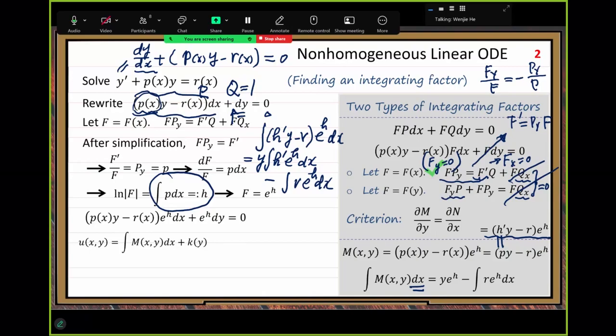But the first term, we can find its expression. Let me just work on this part. H prime, can you combine h prime with dx? H prime with dx, that's dh. H prime times dx equals dh.